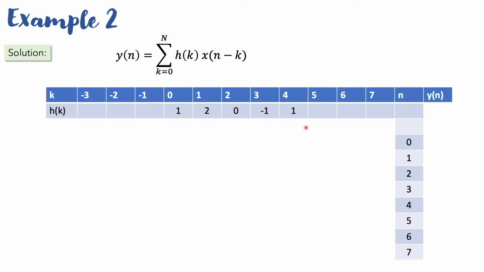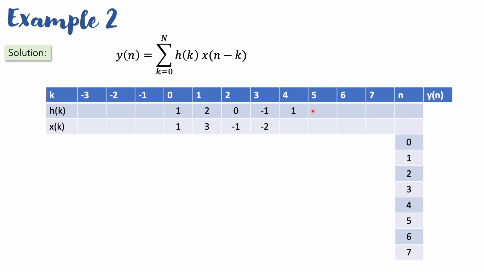This is from our statement. And then we will write down x. This is x, also starting from sample number 0, then sample number 1, sample number 2 and sample number 3. Now, these were the original sequences, those which were given to us in the question statement.